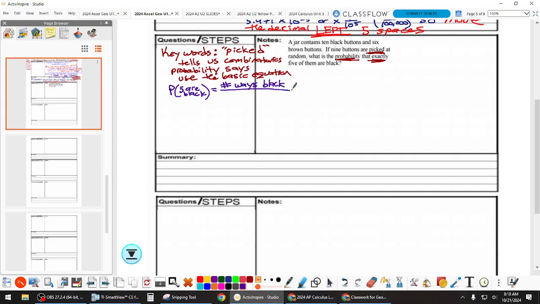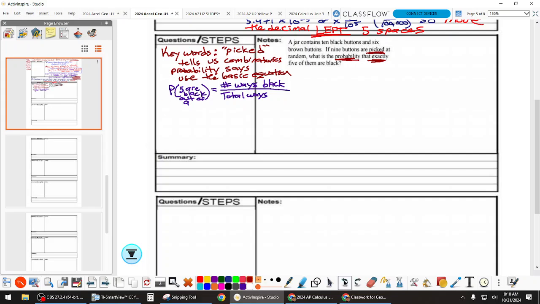So number of ways of black over total ways. Okay. 9 buttons are picked at random. I should probably add in here out of 9. So 5 are black out of 9. Okay, so start with the total.